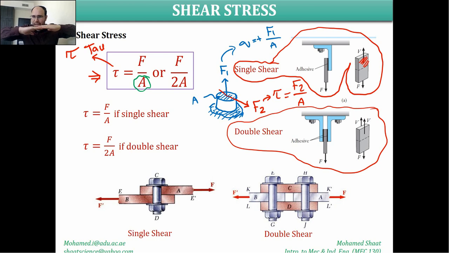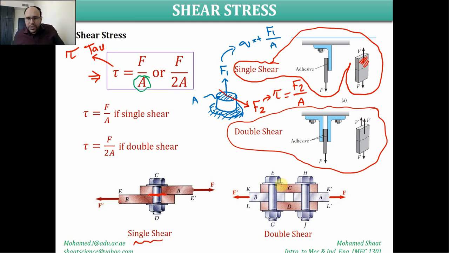Assume that this bolt is made of glass and can be easily broken. Once you try to move these two plates apart, this bolt will be fractured directly over this surface. It means that the cutting surface will be only one surface. So that's why this is a single shear.